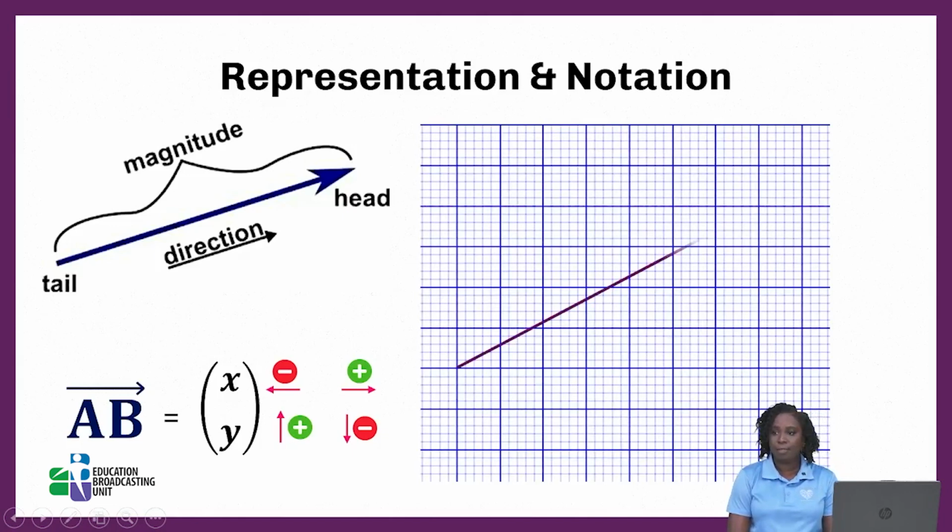Here we have a grid and just a random line, and we'll call it AB, and the vector would look like this. So it has to have an arrow, whether at the head or on its body, just showing the direction.